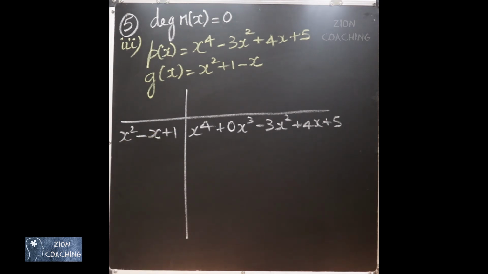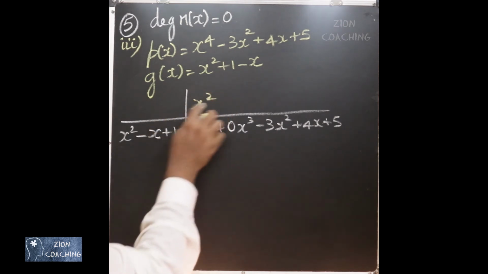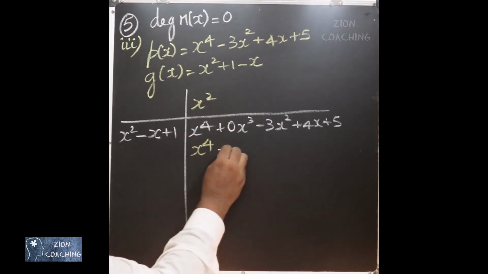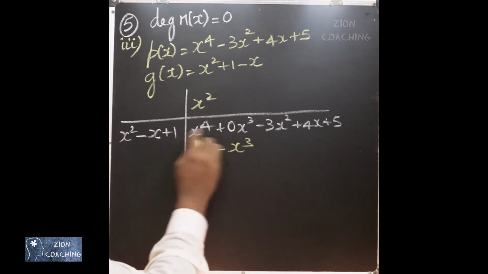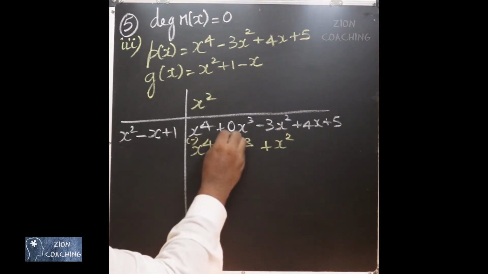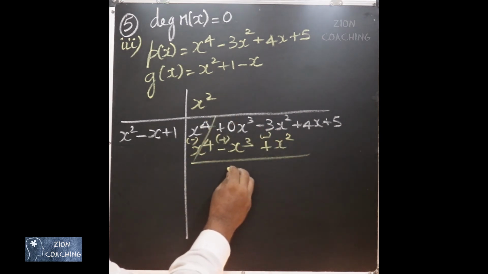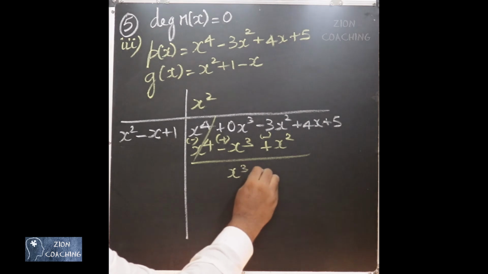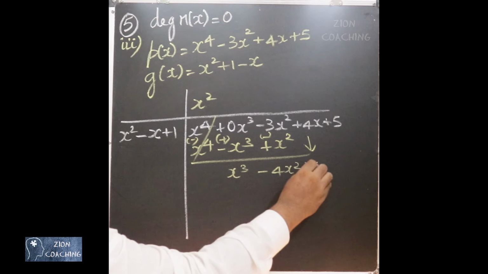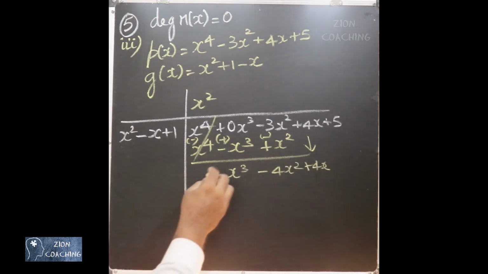So when we are dividing, x squared into x squared is x power 4. So when we are multiplying, x squared into x squared is x power 4. x squared into minus x is minus x cube. x squared into 1 is x squared. Now change the symbol and add. So this will get cancelled. We will have x cube, then minus 4x squared, then bring down the next term. Now x squared into x will give you x cube.